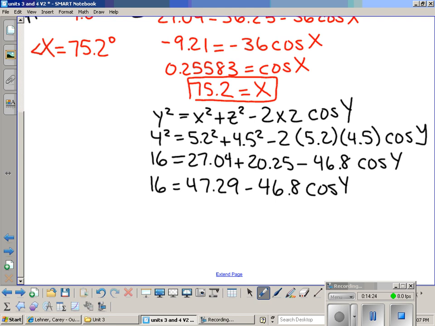Solve for cos y, so we're going to subtract the 47.29. So negative 31.29 equals negative 46.8 cos y.